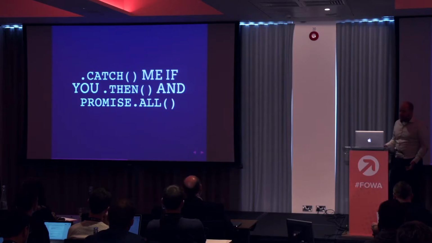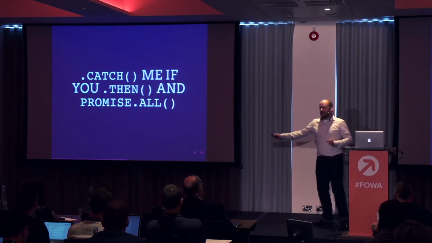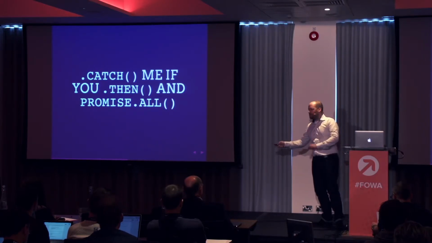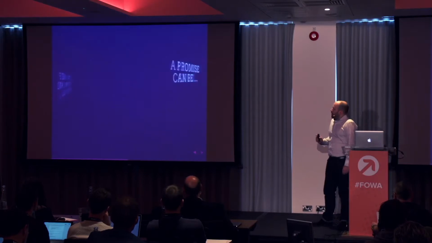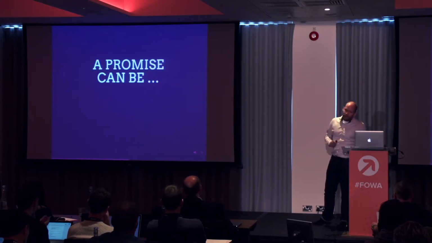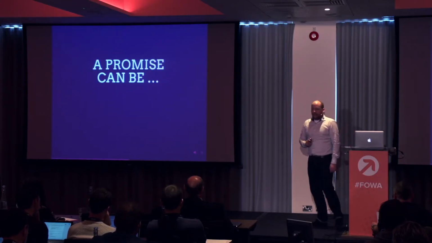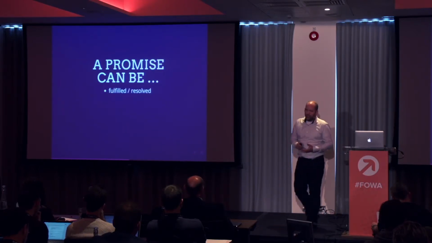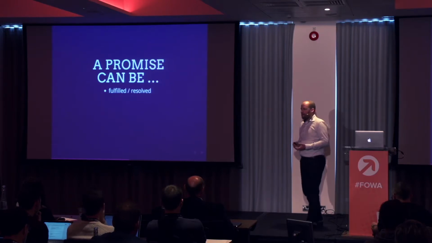And of course, you can do promise.all, which is really interesting because you can say, OK, I'm going to do these 5 things, and you just wait until everything is done and then continue. There's also a promise itself. It can be fulfilled or resolved. This is what we call when a promise has succeeded.